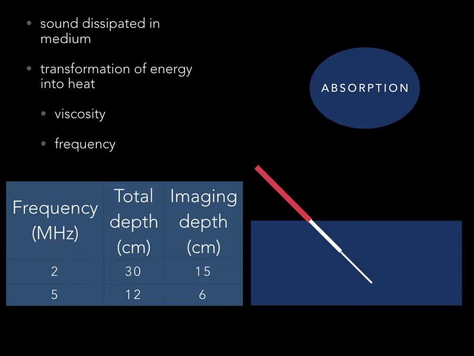The higher the viscosity, the greater the resistance to molecular vibration, leading to an increase in friction between molecules, and this converts ultrasound energy into heat. High transducer frequencies will increase molecular motion, also increasing friction, hence absorption is greater too, and this will limit imaging depth.